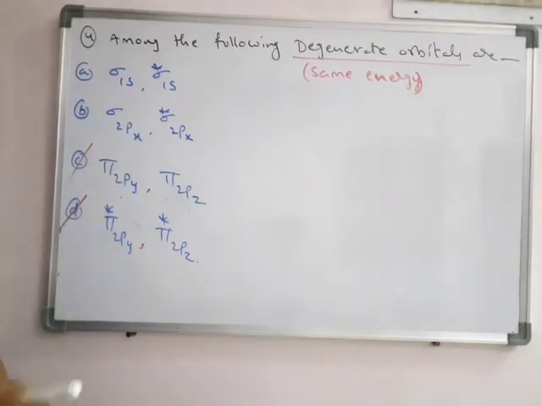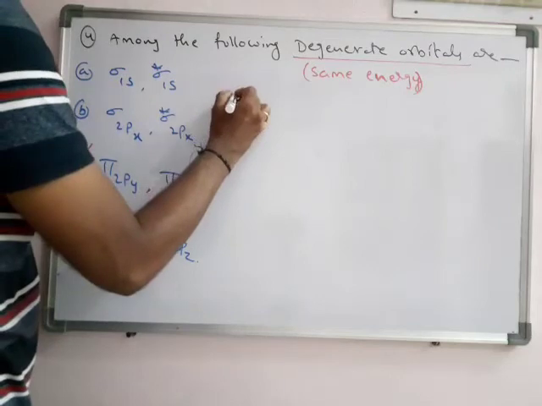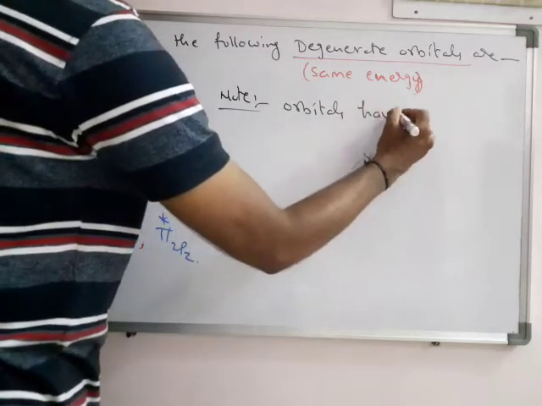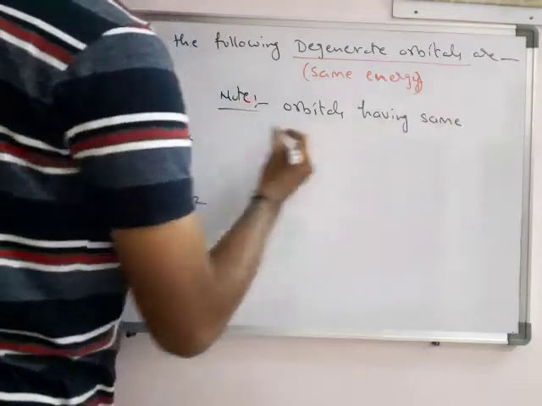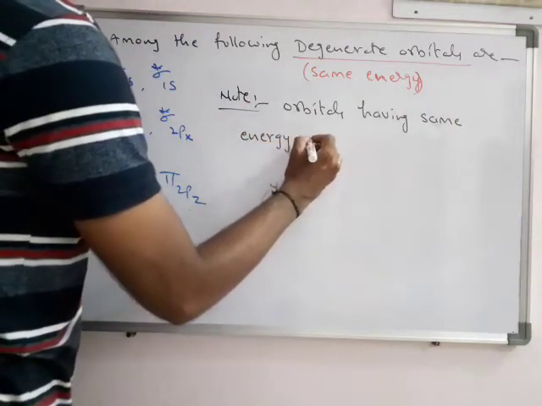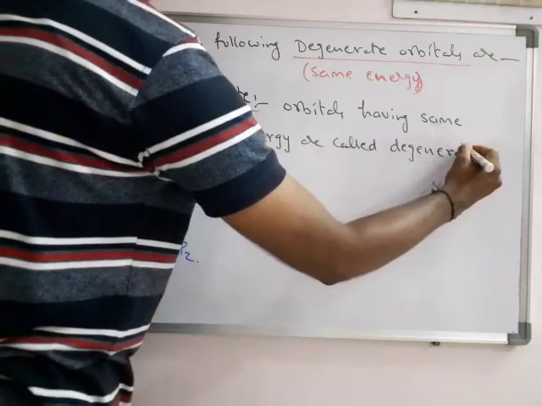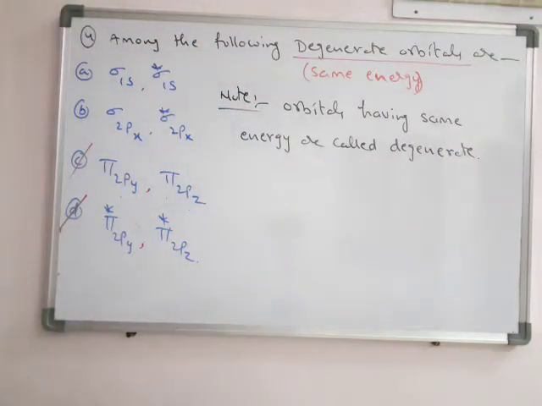So it is helpful to write the definition: orbitals which are having the same energy are treated as degenerate orbitals. Okay, next, see the next question.